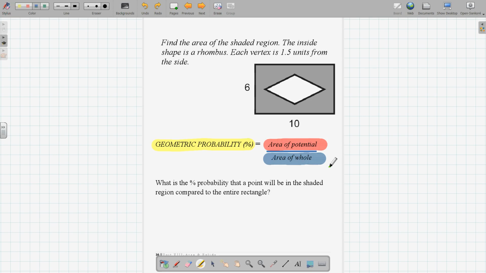So our first thing is we're going to find the area of the shaded region. Let's make our thing equation. Our thing equation is going to be a rectangle minus, or take away, a rhombus.